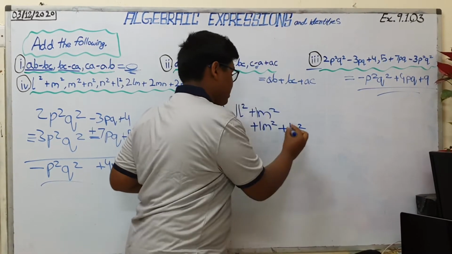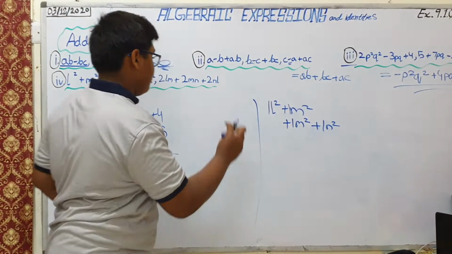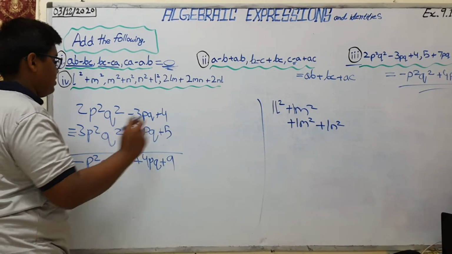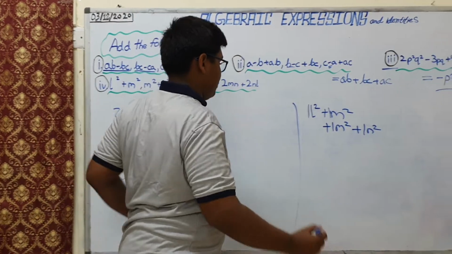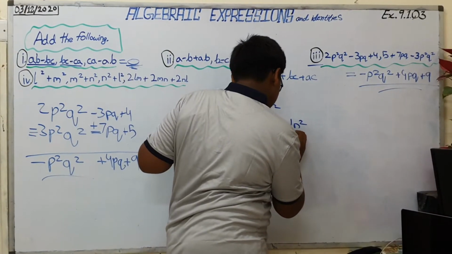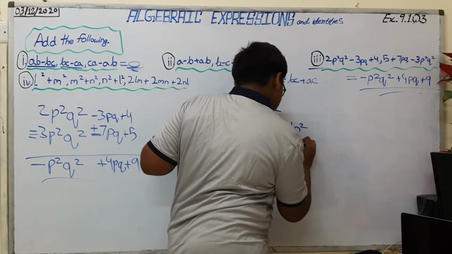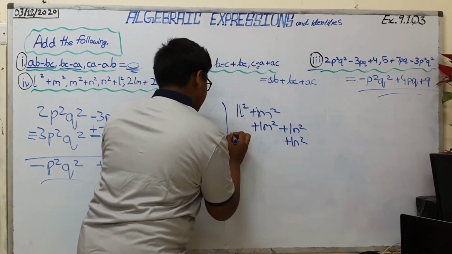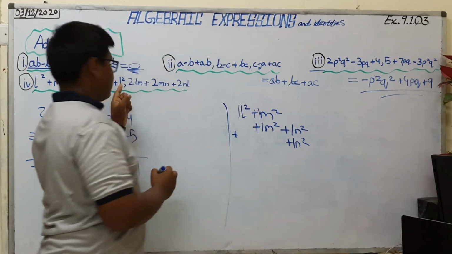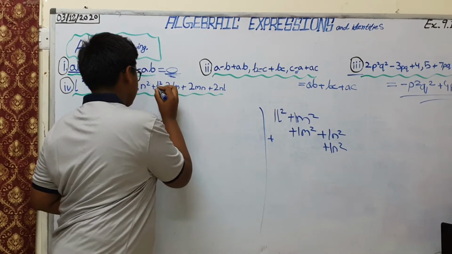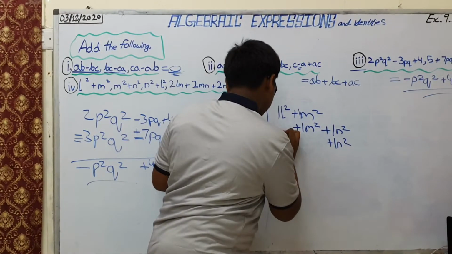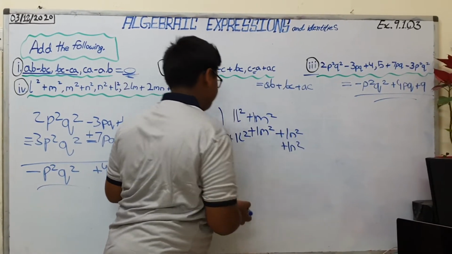We are going to make a new column for N because there is no column with the variable N. Then N square plus L square, so plus 1 N square. Then here we write plus because it's positive, L square, so plus 1 L square.